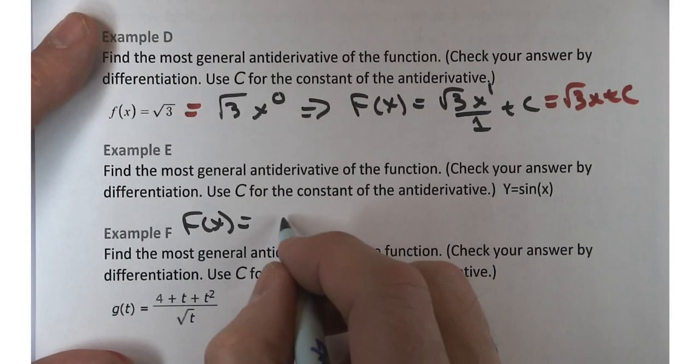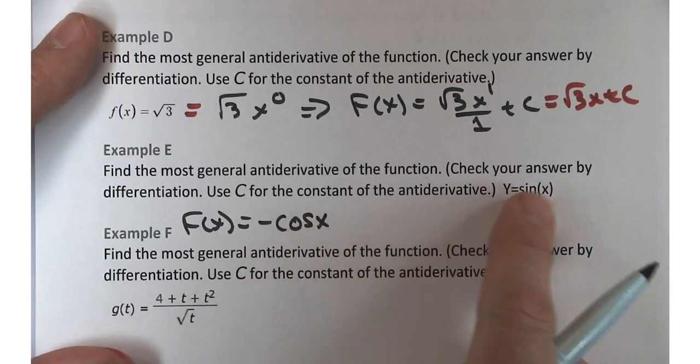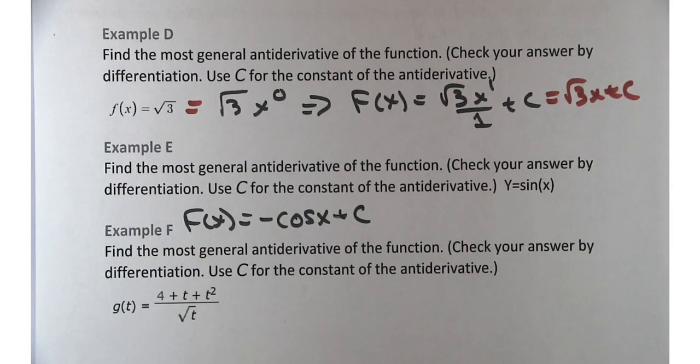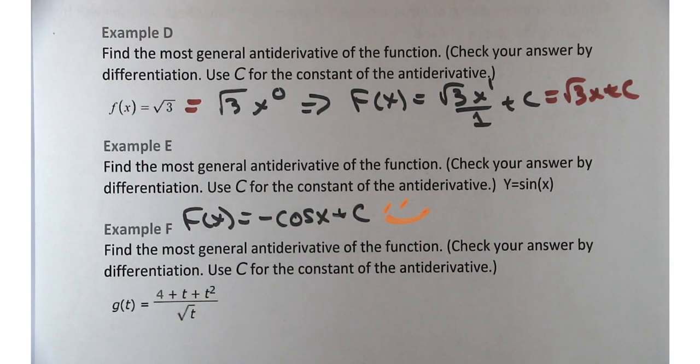Look, the way I always work these things is I just test it. Derivative of cosine would be negative sine. Well, that's opposite of what I want. So I'll put a negative here. Derivative of negative cosine is going to be positive sine. That works. Let's not forget our constant, and yay, we're done. Nice.